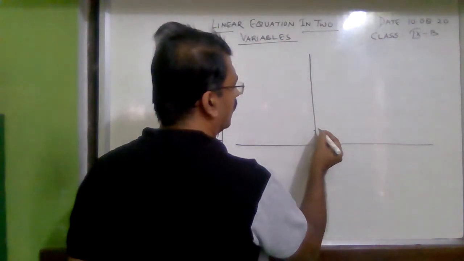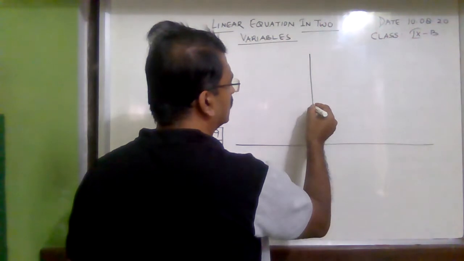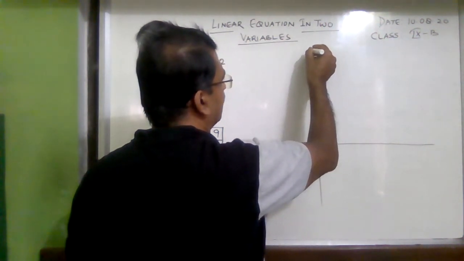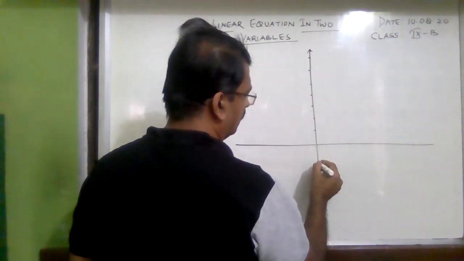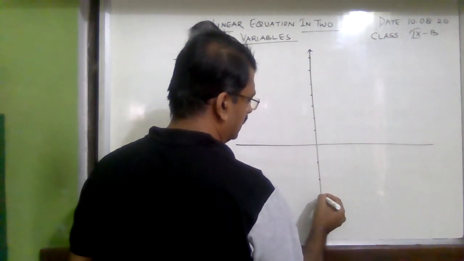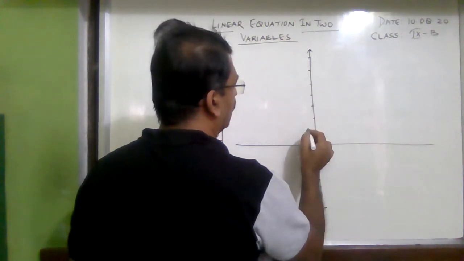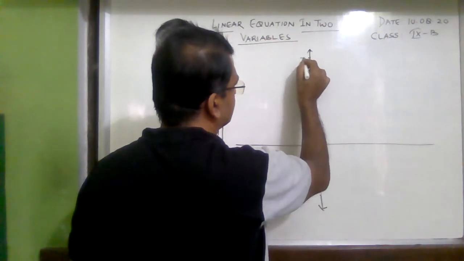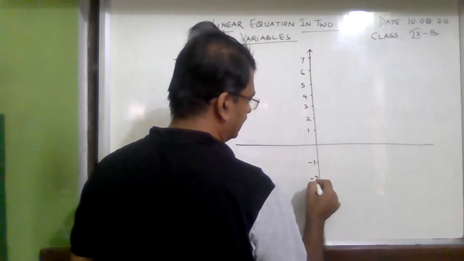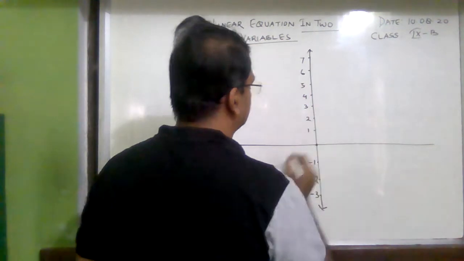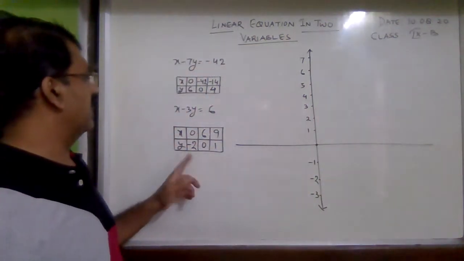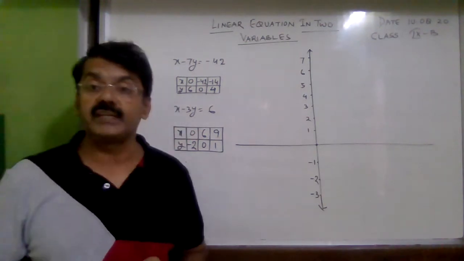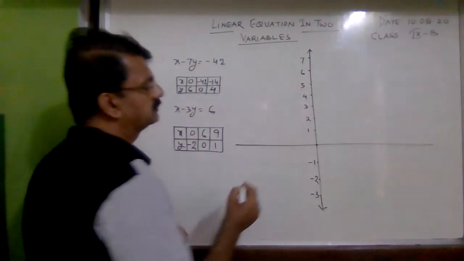So 1, 2, 3, 4, 5, 6, 7, minus 1, minus 2, minus 3. This is 0. Now in x, the maximum value that we need is 9 and the minimum value that we need is minus 42. So what we do?